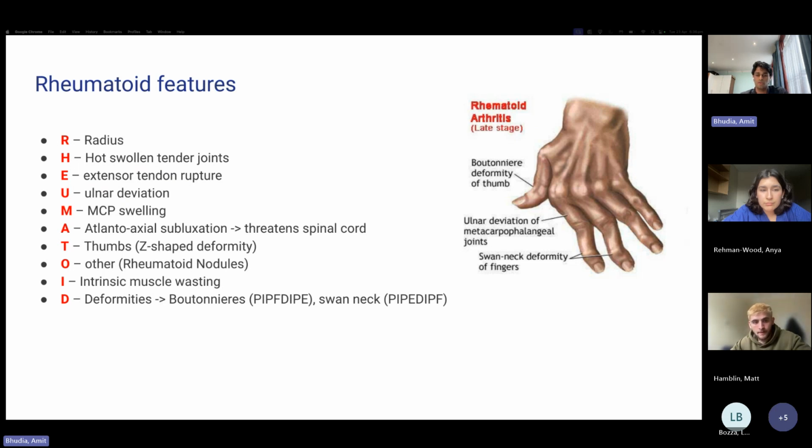And then it's also important to be able to differentiate this from osteoarthritis. So in osteoarthritis, you'll get more pain as the day goes on, and that will generally start in the larger joints, so your knees, your wrists, and then go down to your fingers and toes.